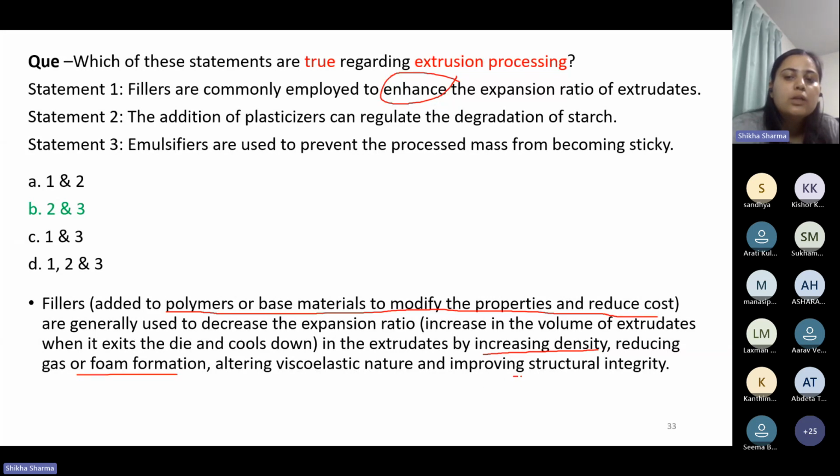So there will be more structural integrity. Because binding is more, the internal forces are a little bit high, so it tries to decrease its expansion. So its expansion ratio decreases.